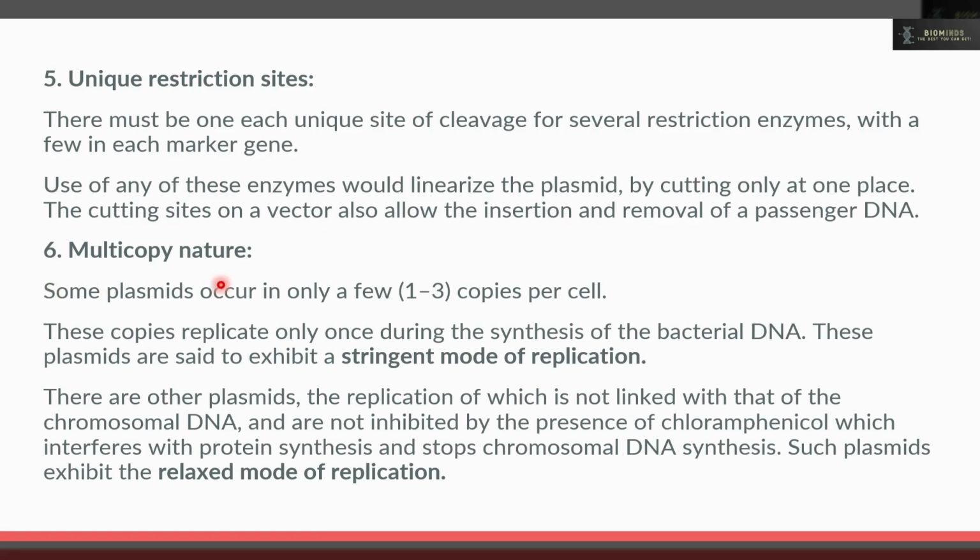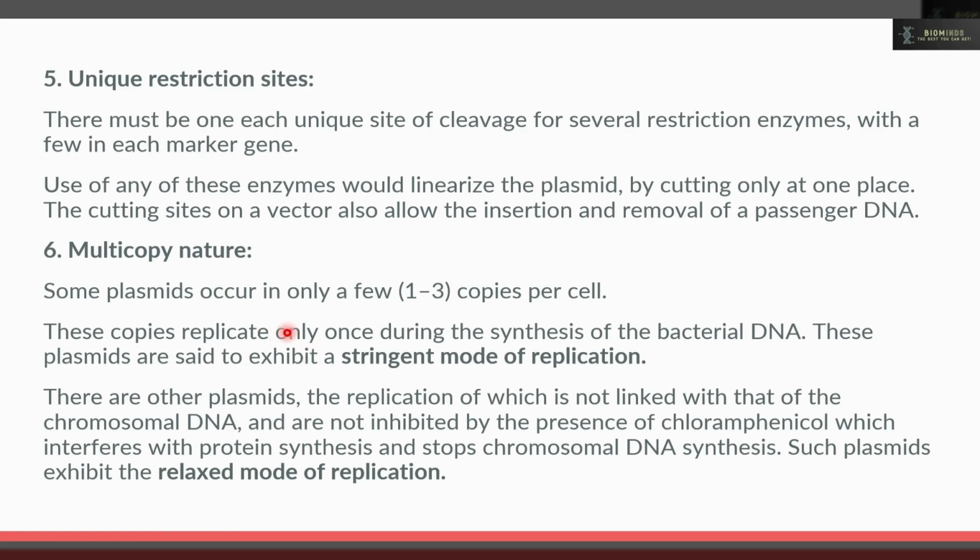Next, they have the multi-copy nature. See, you want to produce multiple copies of the genes in a host cell. So you require the replication of origin, which the plasmid already has, and they also have the multi-copy nature, meaning they can produce multiple copies.